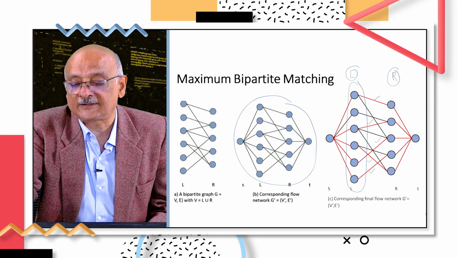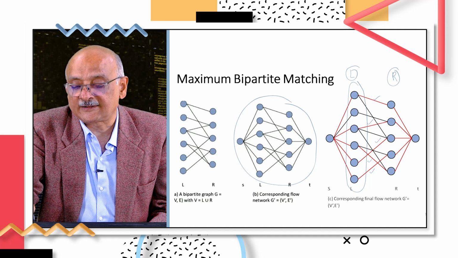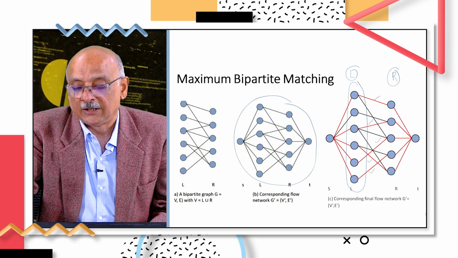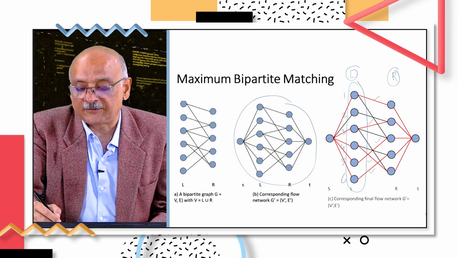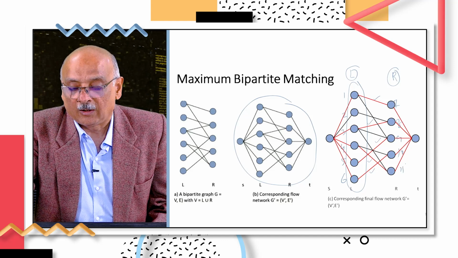Why? Because L is connected to this, only one, okay. Similarly, this is connected to this, only one link, okay. This is connected to this, okay. If I number them 1, 2, 3, 4, 5, 6, 7, 8, 9, 10 and 11, all right.